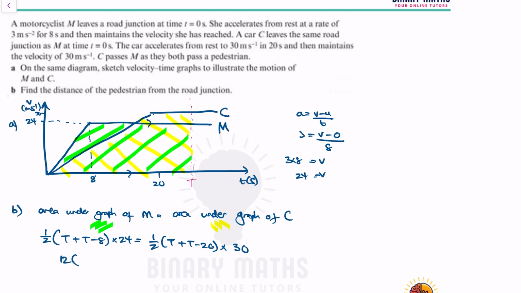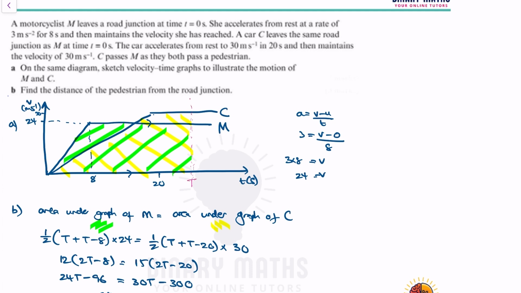So it's 12 times 2T take away 8 is equal to 15 times 2T take away 20, which is 24T take away 96 is equal to 30T take away 300. If I collect all the T's on one side, I get 6T is equal to 204, which means T is equal to 204 divided by 6, which is equal to 34 seconds.